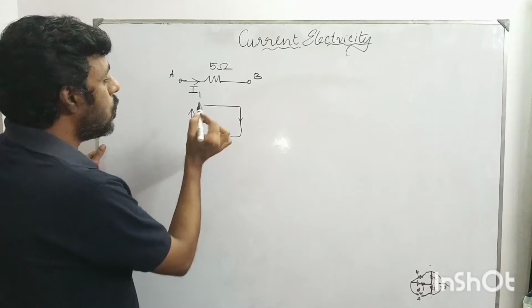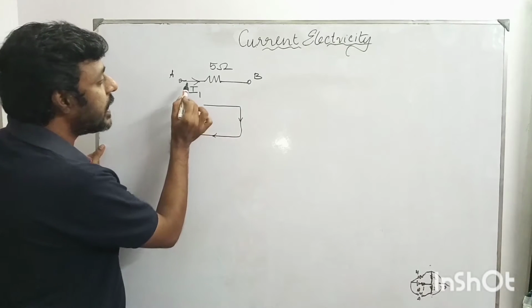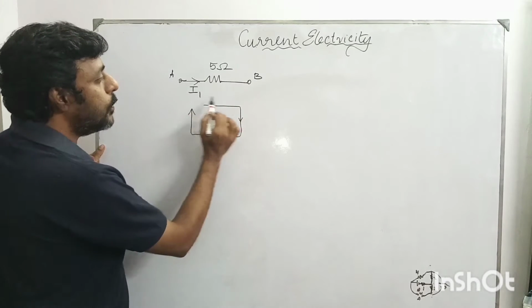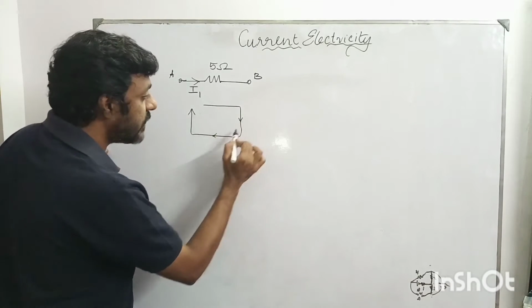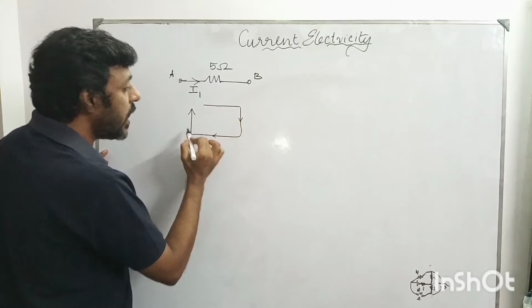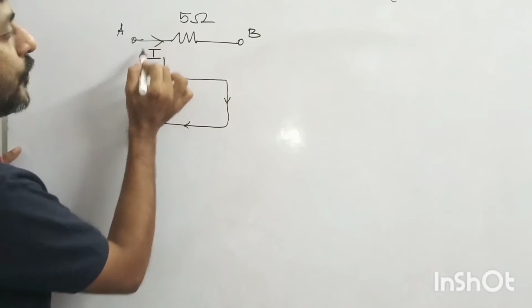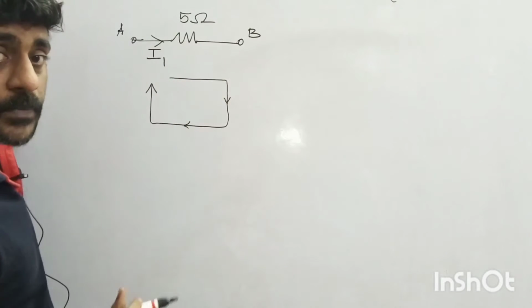Now I'm analyzing that a current I1 and my direction of travel both are traveling in the same direction, right? My direction of travel is in the clockwise direction, and while I am traveling in the clockwise direction, I encounter a current of value I1 that is passing through this 5 ohm resistor, right?